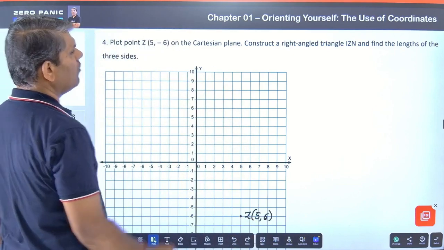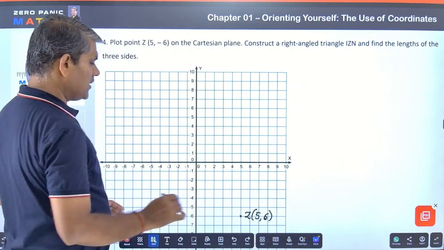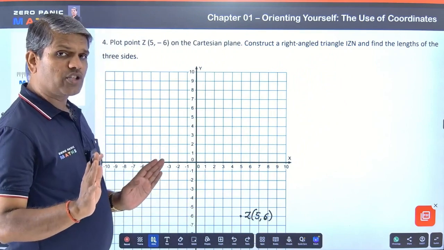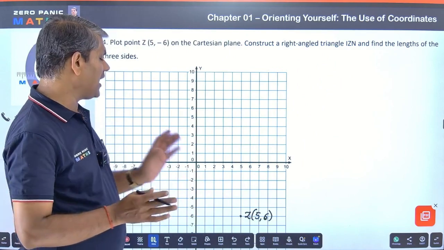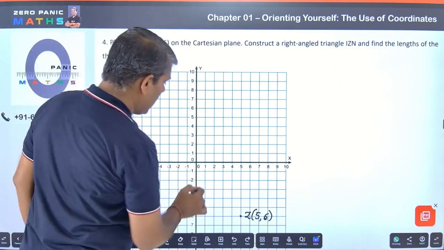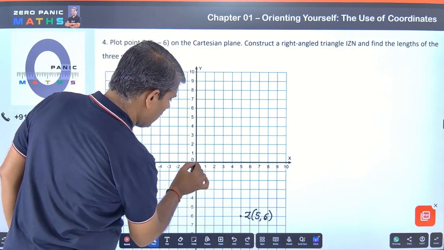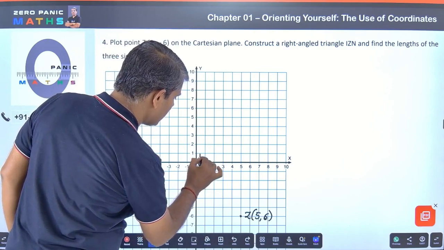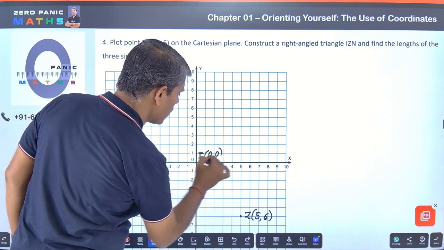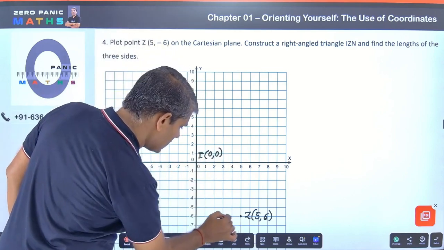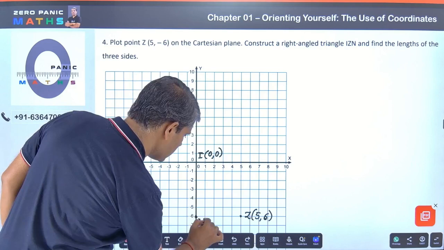They are asking to construct a right angle triangle IZN. The answer for this question differs based on how you construct the right angle triangle. Considering Z as one of the points, suppose I draw I at (0, 0) and N here.